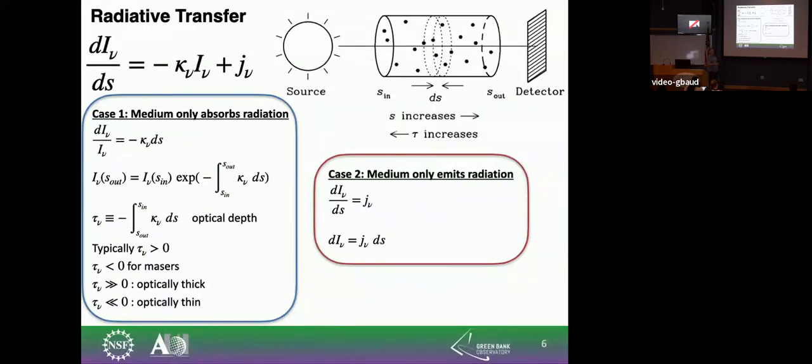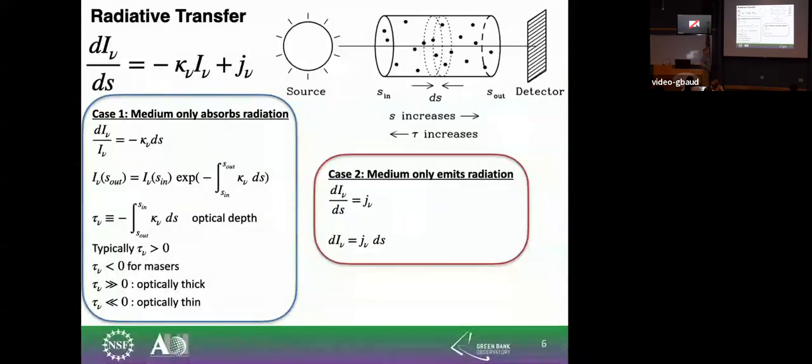But in typical radio continuum observations, you have a tau that's some non-zero value, and if it's more than one, then your region is considered optically thick, meaning that you're not actually tracing your ray the whole way through it. Or if tau is much less than... these numbers are wrong. This should both be one. If tau is much less than one, then you're in an optically thin regime. So you're seeing most of the radiation that's coming from whatever your source is.